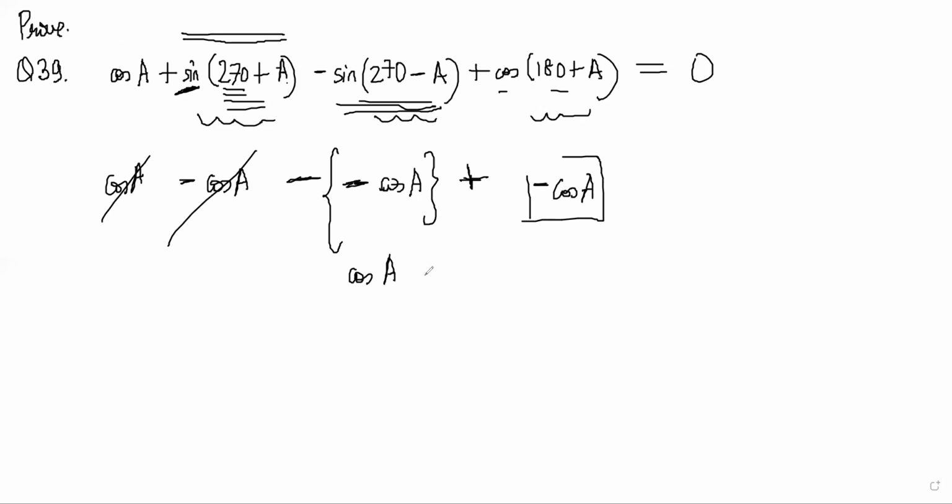Yes, sir. So you get cos A minus cos A. So this expression is identically 0, right? Yes, sir. So the purpose of this exercise 10 is to make sure that you know how to handle these higher than 90 angles, okay? I am guessing that you know that, so I will not spend too much time on that, okay?